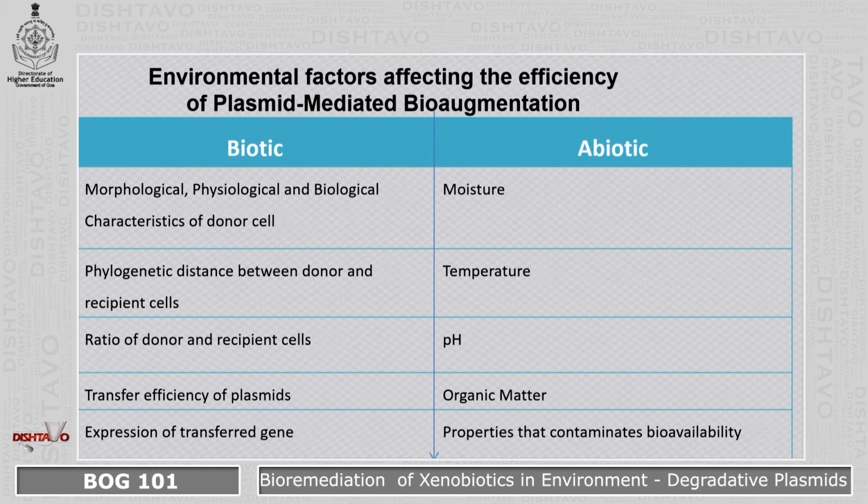There are some factors which affect the efficiency of plasmid mediated bioaugmentation: biotic factors and abiotic factors. Biotic factors are the morphological, physiological and biological characteristics of the donor cell, then phylogenetic distance between donor and recipient cell, ratio of donor and recipient cell, transfer efficiency of the plasmids, and expression of transfer genes.